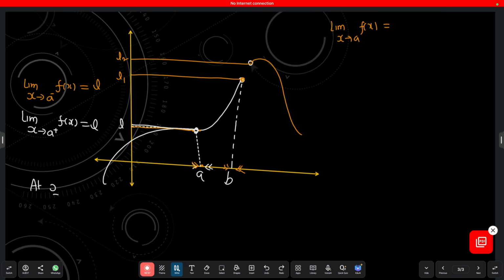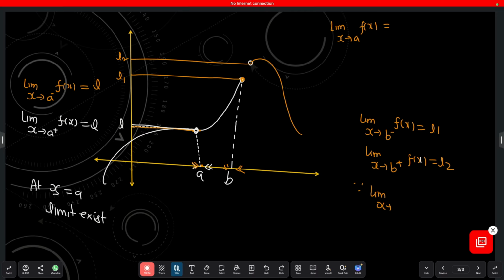At x equals a, the limit exists. And here limit x tending to b negative, f(x), this value is L1, and limit x tending to b positive is L2. Since L.H.L not equals R.H.L, the limit does not exist.